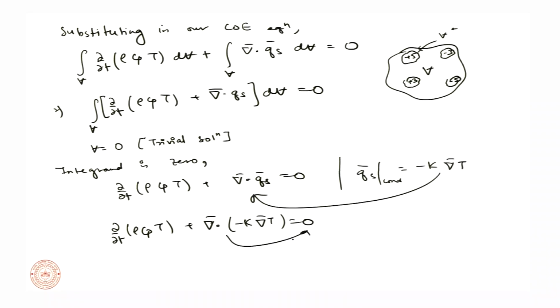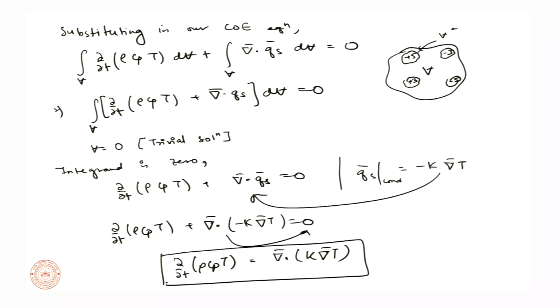And we can take this term to the right hand side, this negative term will go away. So, del by del t of rho Cp T equals the divergence of K del T. This is our heat transfer equation, that is our Fourier second law, right.